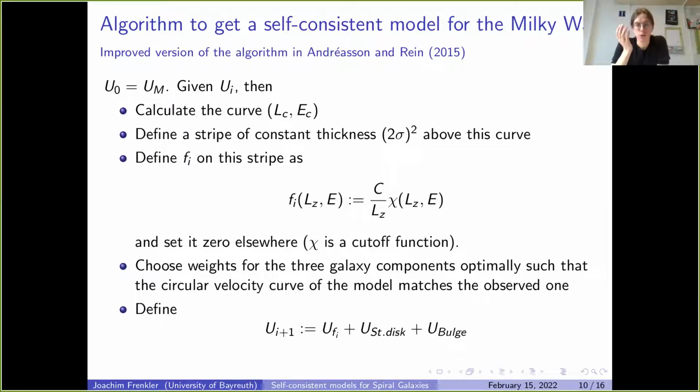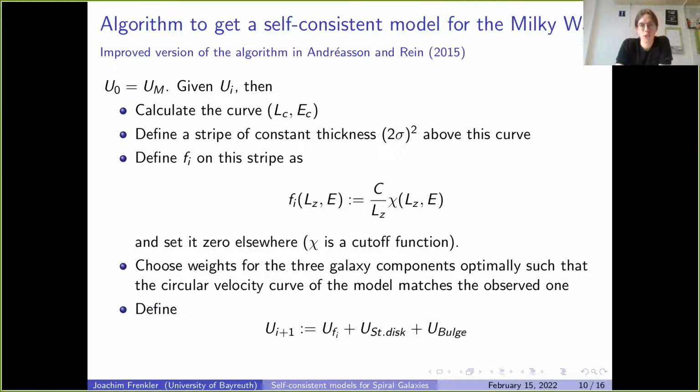And this algorithm does indeed converge very fast. If we stop it after about 10 steps, we can no longer distinguish the distribution function that we get from a self-consistent, stationary solution. So this algorithm gives us a stationary solution.